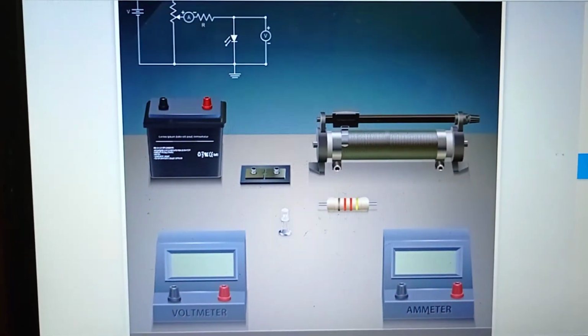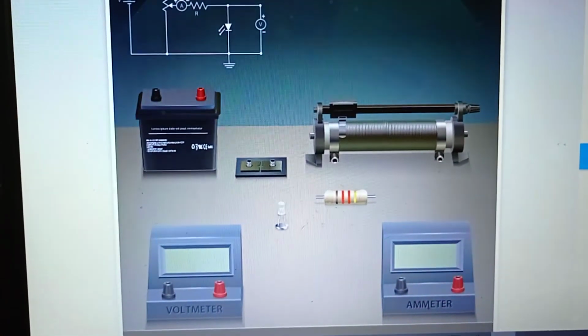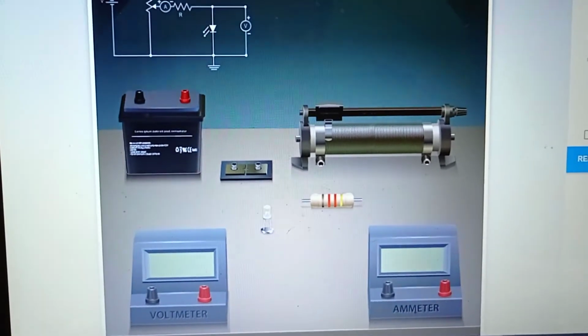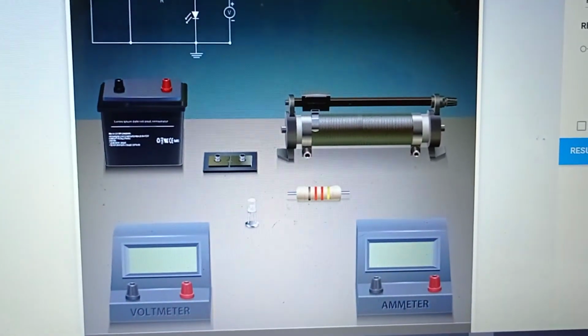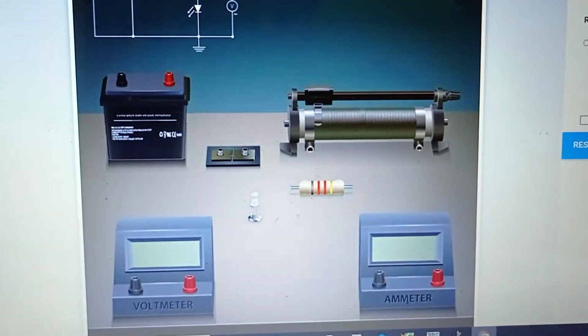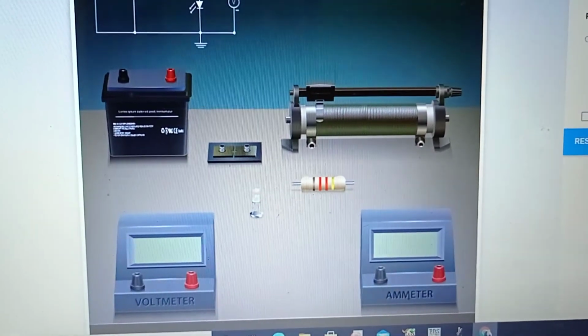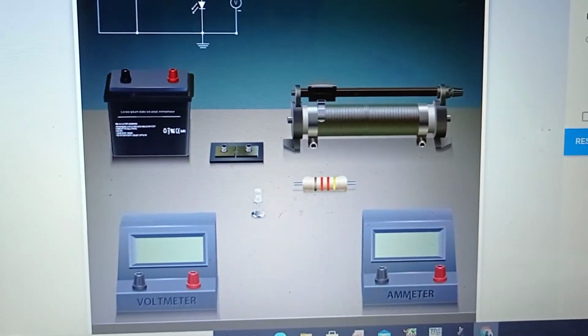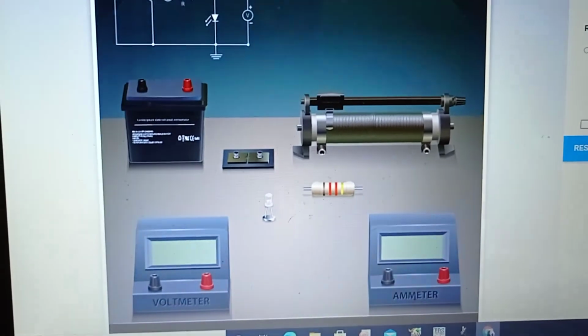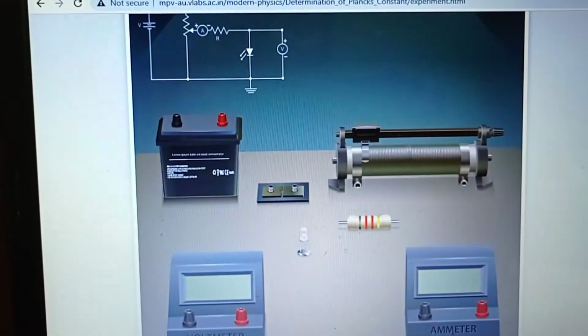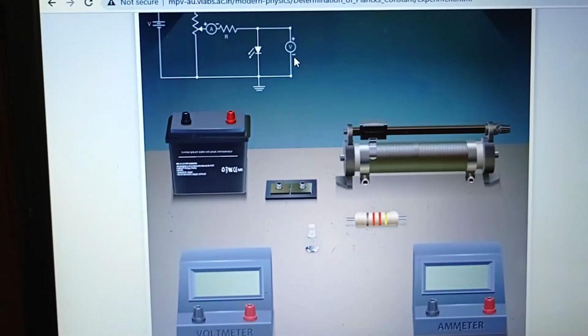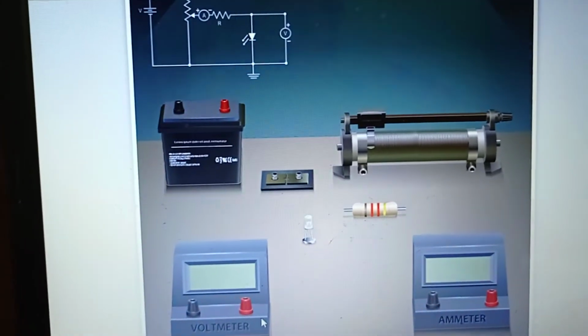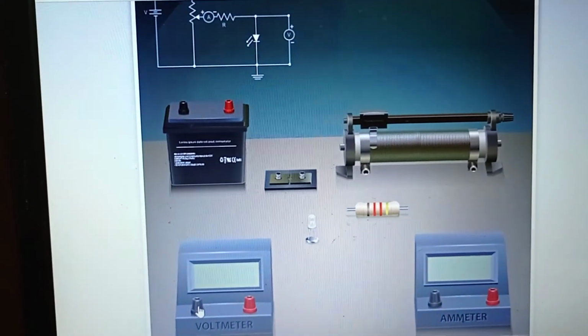In the circuit diagram, there is one voltmeter, one milliammeter, one rheostat, one LED, one 1K resistance, one key, and one power supply. We will start the connection from the voltmeter. The red one is the positive terminal and the black one is the negative terminal.